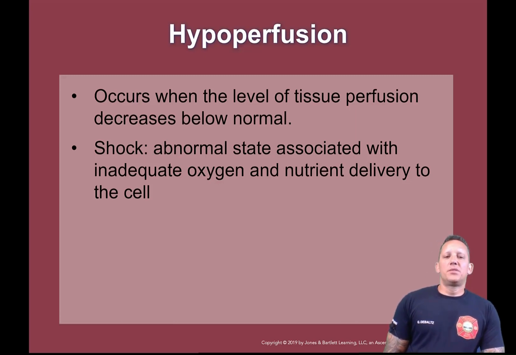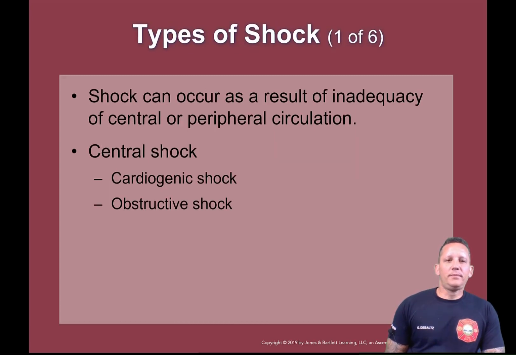If we're unable to create a normal pathway to get oxygen or nutrition to the cell, and then ultimately be able to offload the carbon dioxide and waste products from cellular metabolism, that is what we're going to call shock. And as that tissue becomes more and more hypoperfused, the more likely it is to die, and we're going to see the effects of that in organ failure.